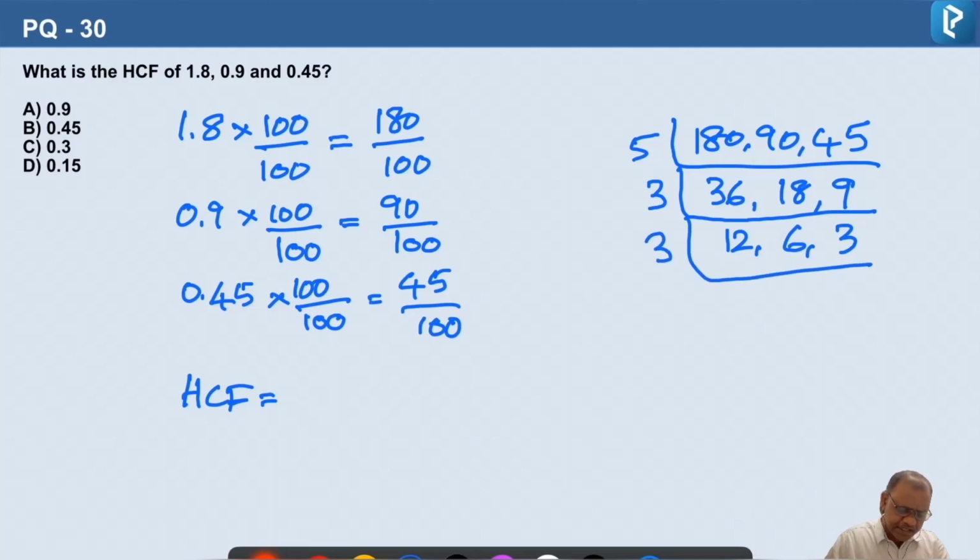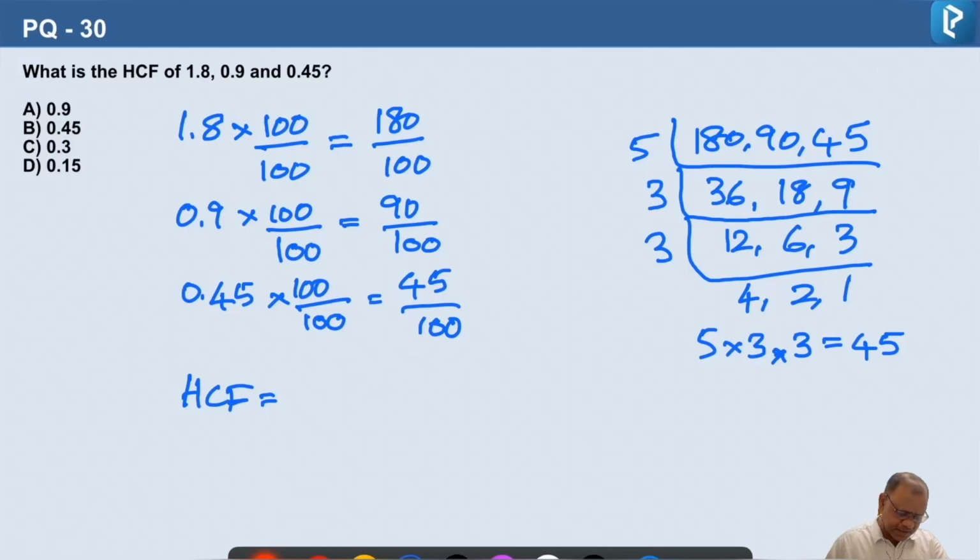Again divisible by 3: 4, 2 and 1. So all the 3 numbers are divisible by only 5, 3 and 3. So HCF is 5 into 3 into 3, which is equal to 15 into 3, 45.